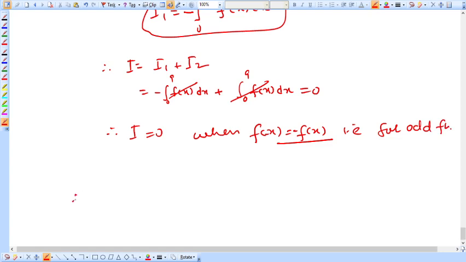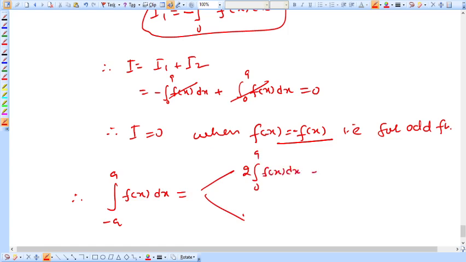Okay, so therefore integration minus a to a f of x dx is equal to twice of 0 to a f of x dx if fx is even function. Okay, and it is equal to 0 if f of x is odd function, right?